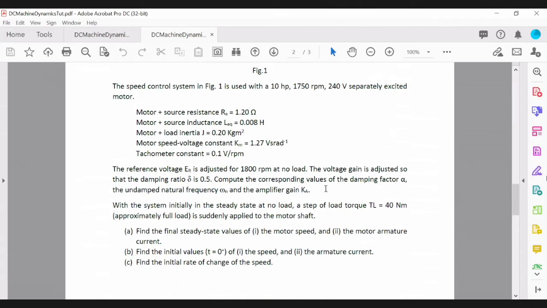In this question, the reference voltage is adjusted such that the motor is running at 1800 RPM at no load, and the gain is adjusted so that the damping ratio delta is 0.5. The corresponding values for damping factor alpha, undamped natural frequency omega n, and Ka must be worked out first.